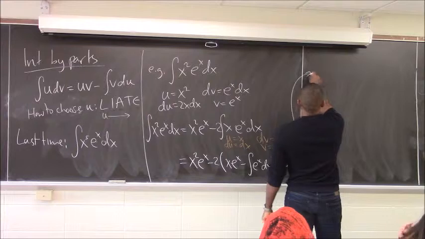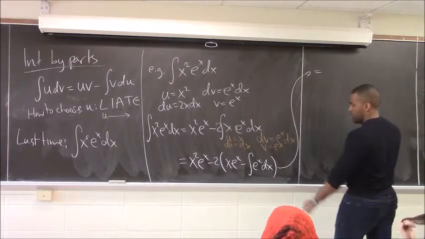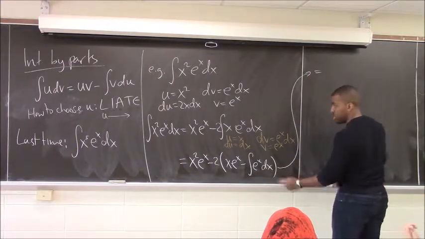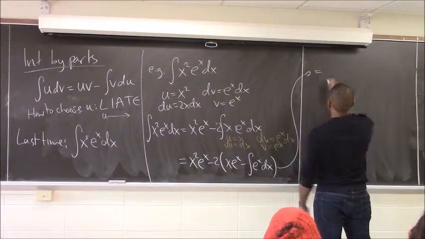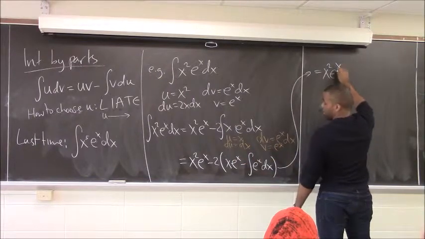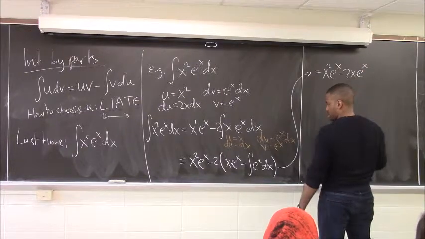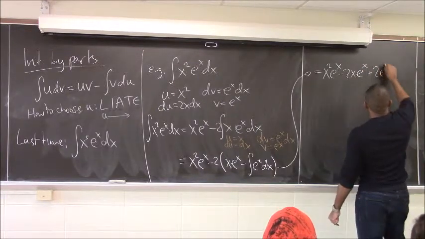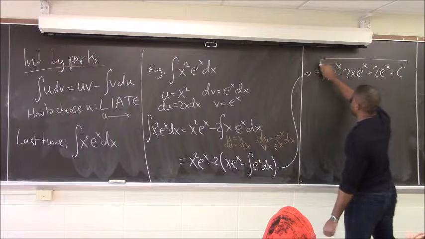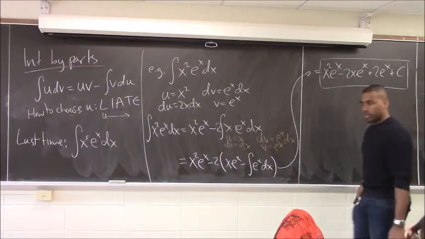And so finally, that one we should be able to do. Integral of e to the x is just e to the x plus c. So we would have x squared e to the x minus 2x e to the x plus 2 e to the x plus c. That would be the answer.